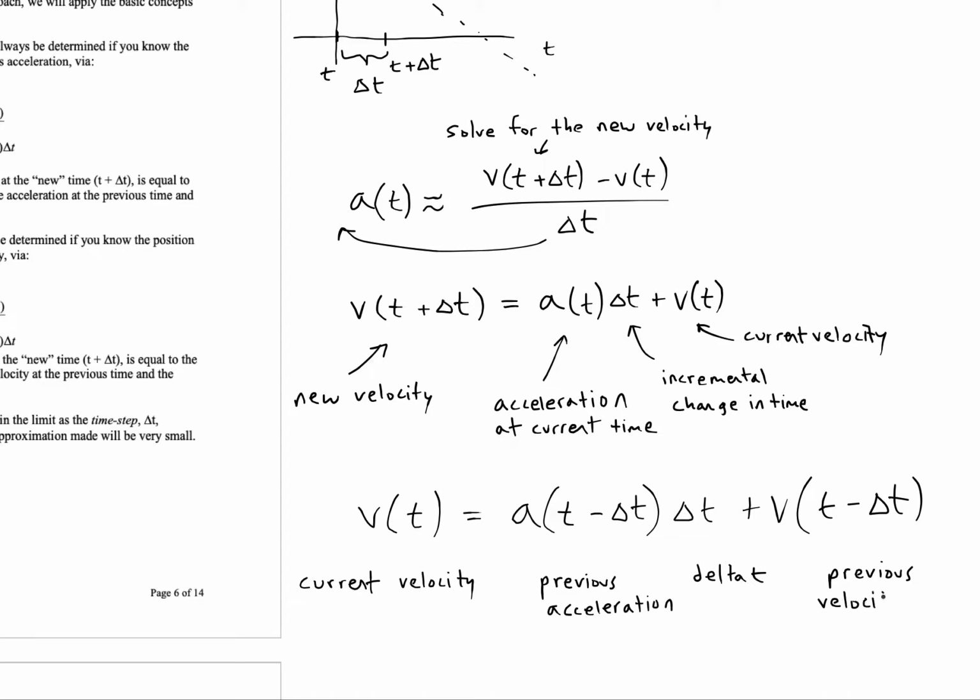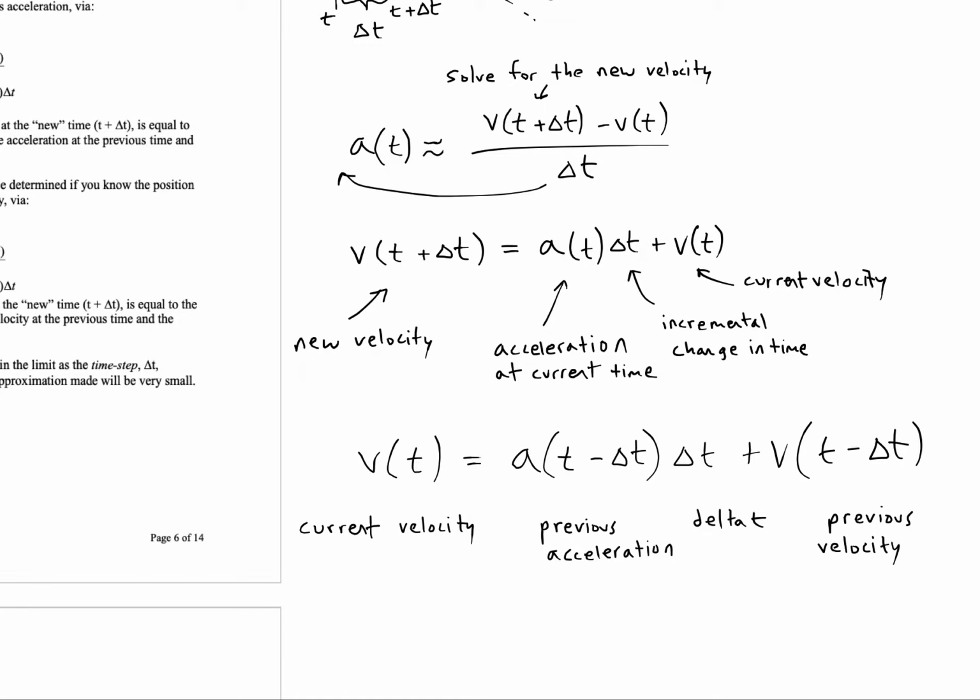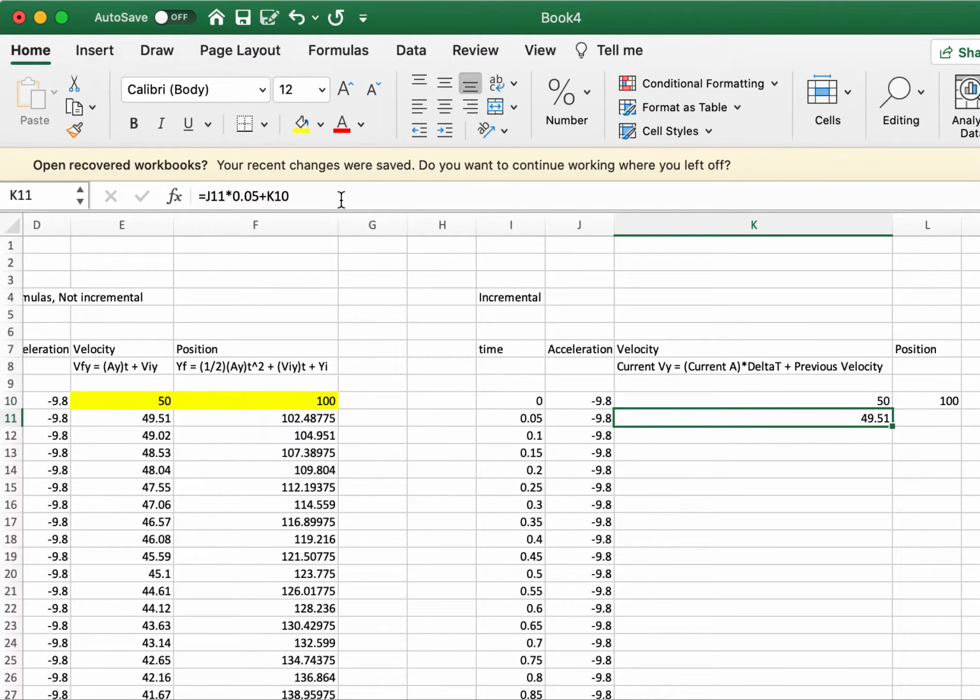It's the same concept, but this works a little better with Excel, right? That's basically the way I'm entering it. So I'm just going to make a slight change with my spreadsheet to call up, instead of the current acceleration, the previous acceleration. All right, so instead of J11, switch it to J10. All right, cool. Here we get the same answer either way, but it could make a difference in the future.